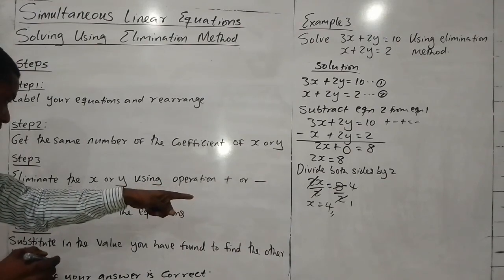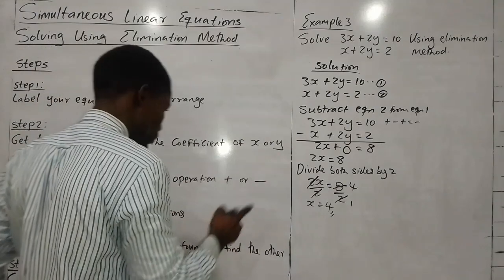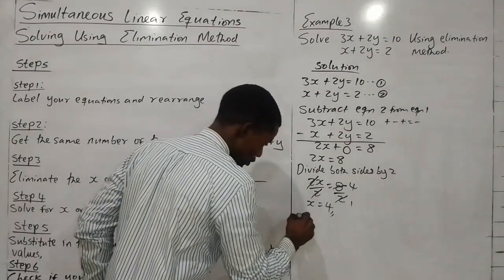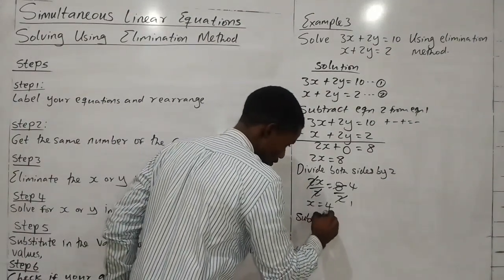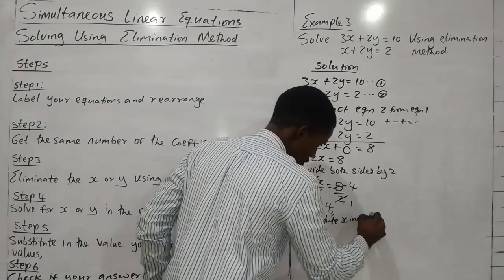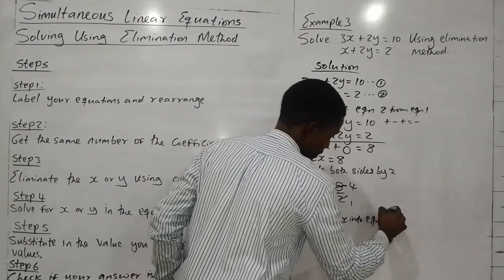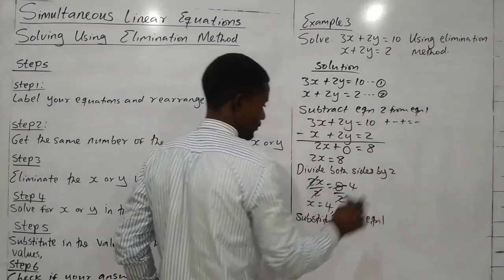So my next step says solve for x. We have already solved for x. Substitute the value you have found to find the other value. We want to find the value of y. So we substitute x into an equation. You can choose any equation of your choice. I choose equation 1.